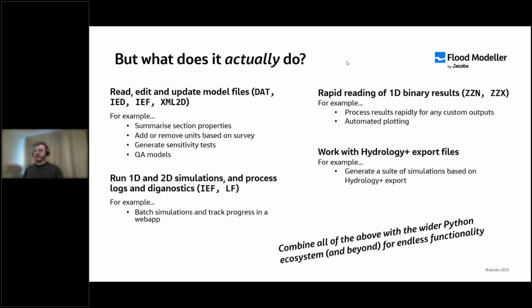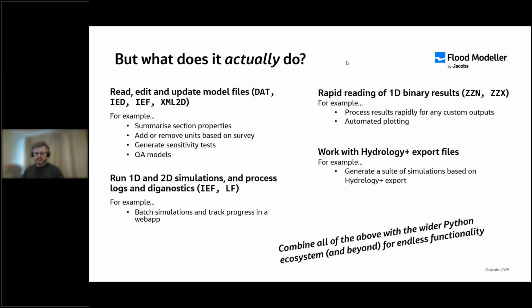Through the API, you're able to read the data that's in there programmatically with Python. So for example, it allows you to summarize cross-section properties, or if you wanted to output a log of all your structures in a DAT file and automate that process, you can do that. But as well as just reading the data, you're able to edit existing data.